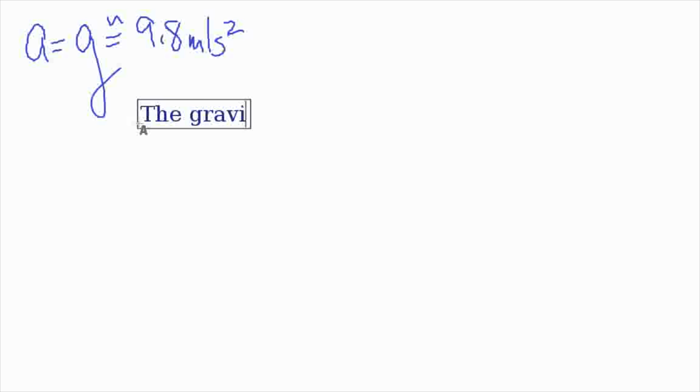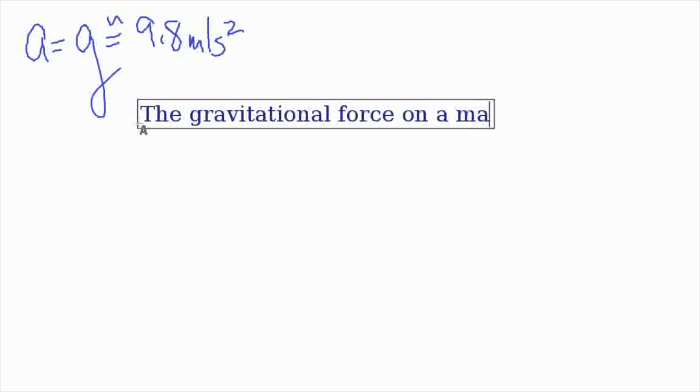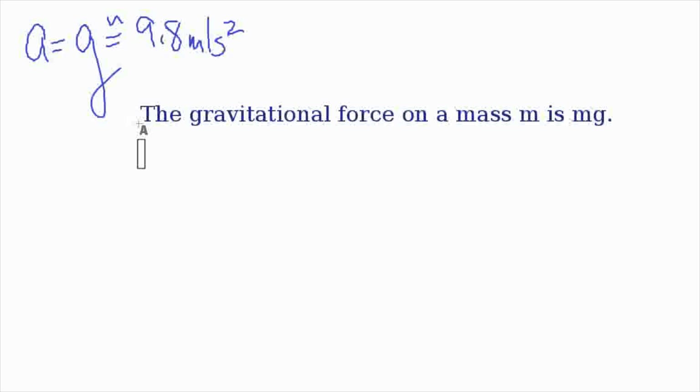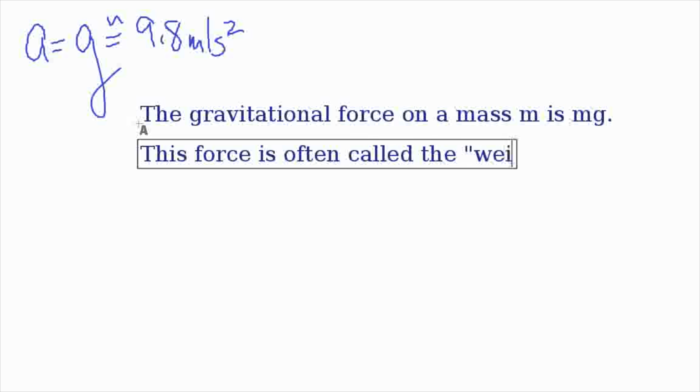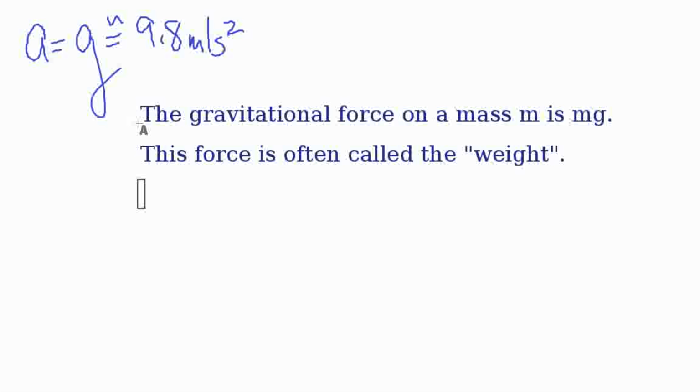The gravitational force on a mass m is mg. So gravitational force is the product of mass and that free fall acceleration. This force is often called the weight of something. We've often heard people say, what's your weight? When they're asking you what your weight is, they're asking you what's the force, what's the pull of gravity.